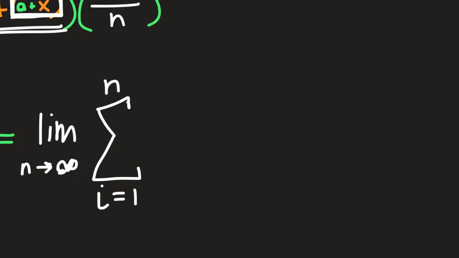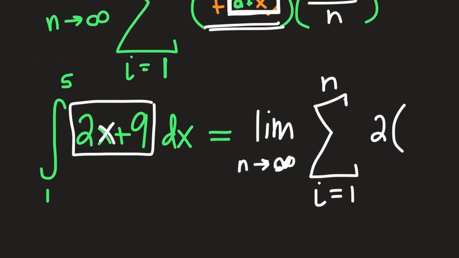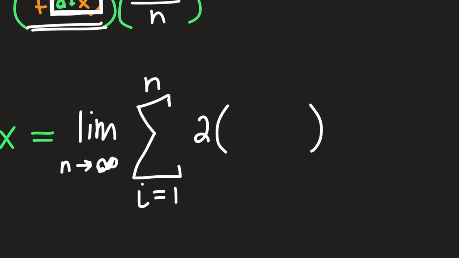So we have a 2 times, what is our a value, or the lower endpoint of our integral? It was 1. This is our A down here, 1, and this is our B up here. So that's 1 plus your delta x. It's how wide is our window. How wide are each of these rectangles?